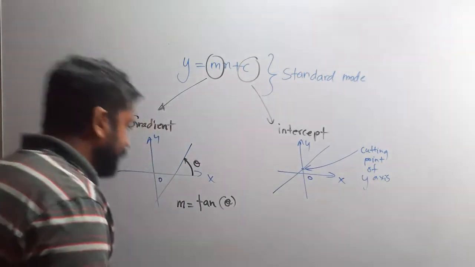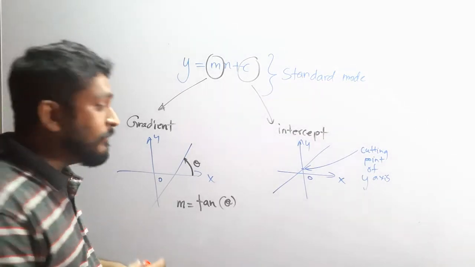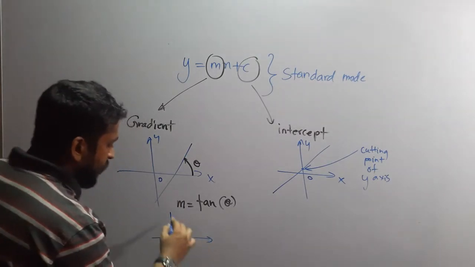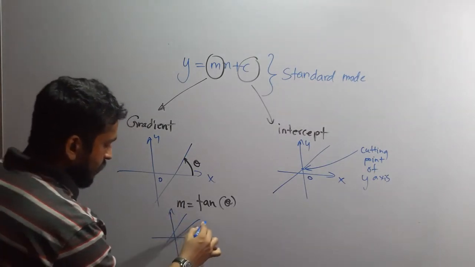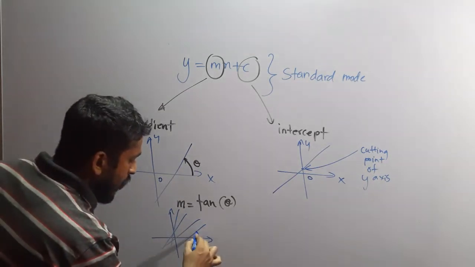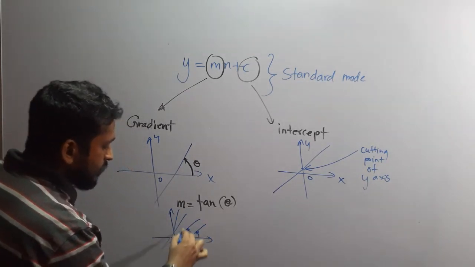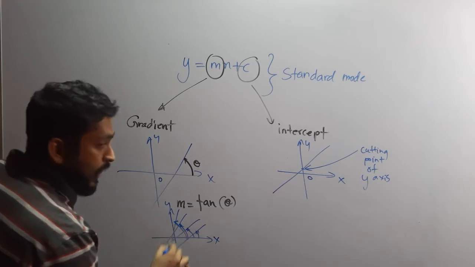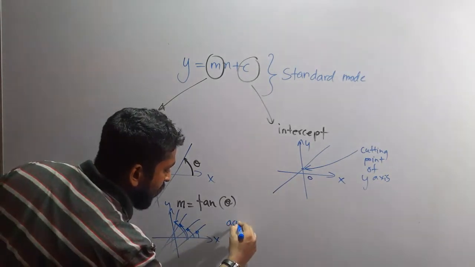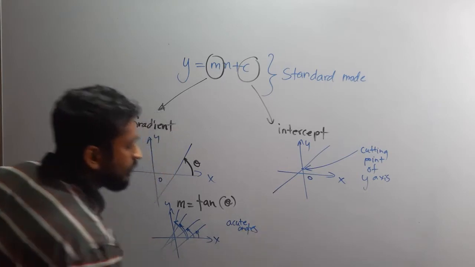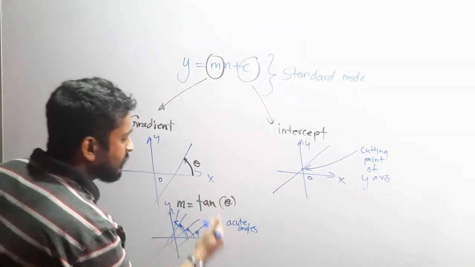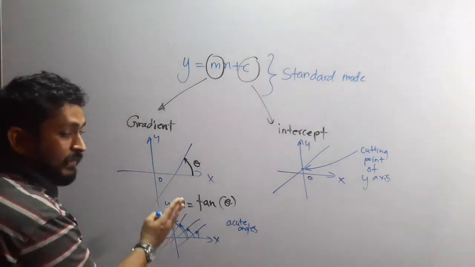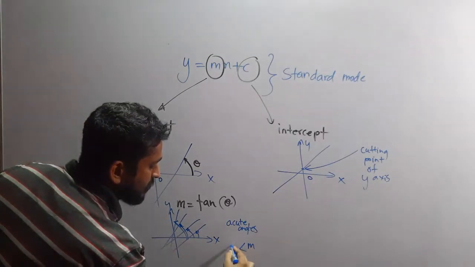Then we have two types of m's, or gradients. One is when the straight lines are shaped in this way, this way, this way. If you observe, all the angles made with the positive side of the x-axis are acute. We will learn in trigonometry that for acute angles tan theta is positive. So for straight lines inclined at an acute angle, m is positive.